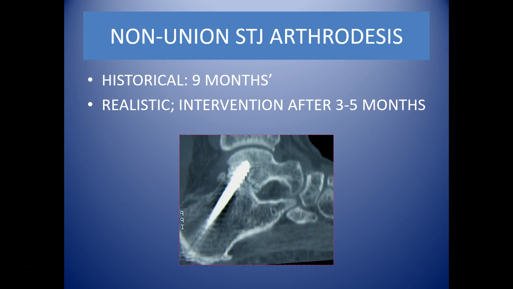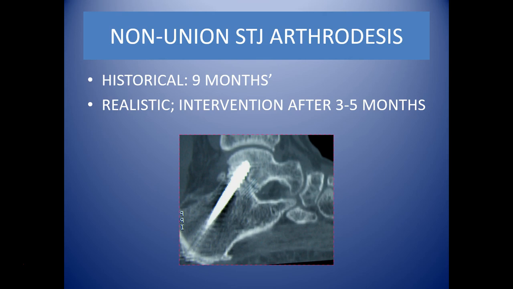So what about something like this? A patient has a non-union of a subtalar joint fusion. CT scan shows that the threads of the fixation screw have not crossed the fusion site, and one could argue that that was the cause of the non-union in not allowing compression to occur.